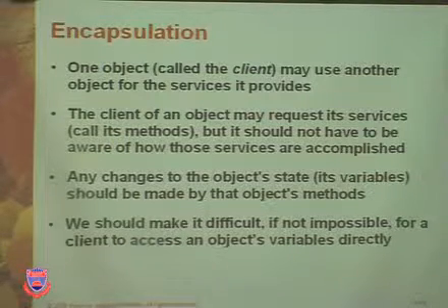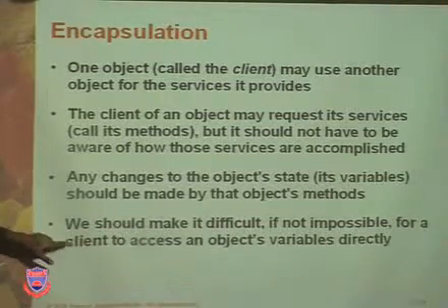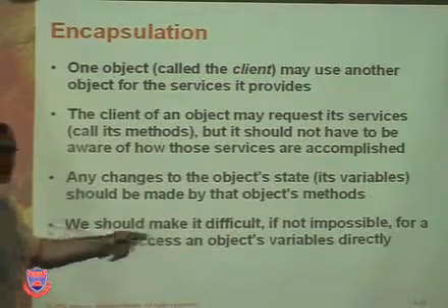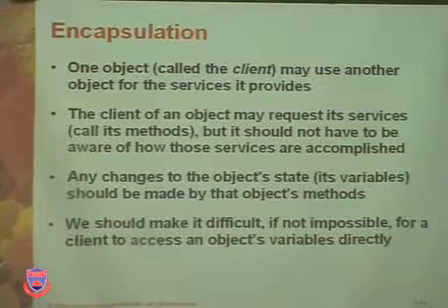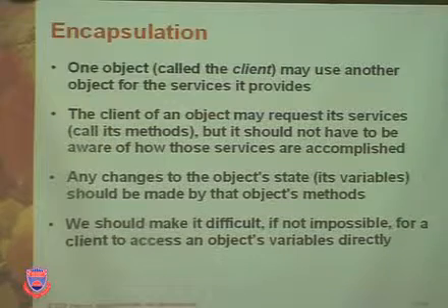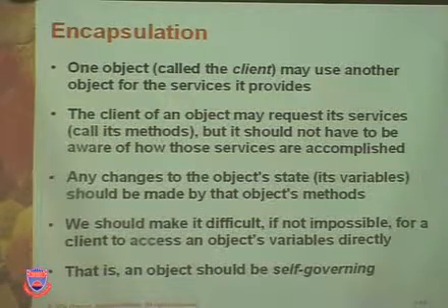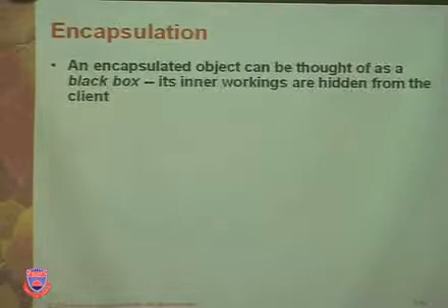And this is important. We should make it difficult, if not impossible, for a client to access an object's variables directly. So you won't like to have the outside world access your internal data or instance data easily, and you try to avoid that as much as possible.